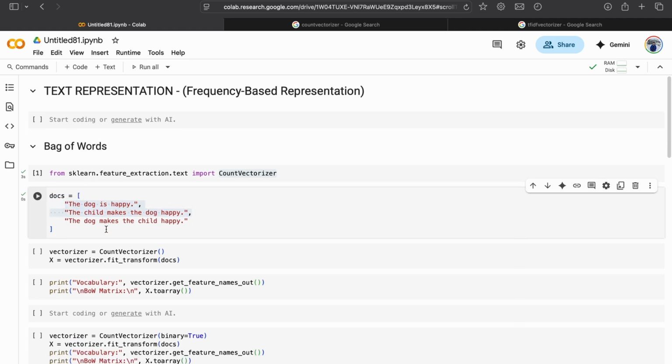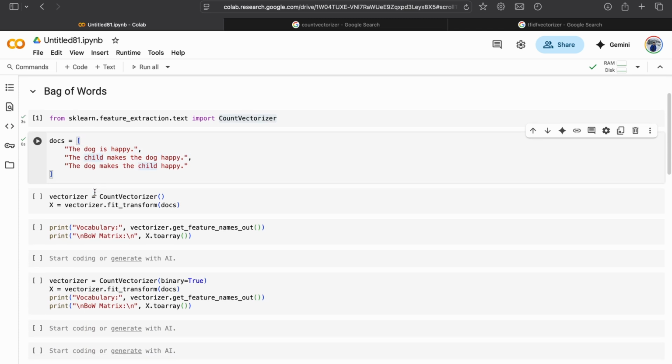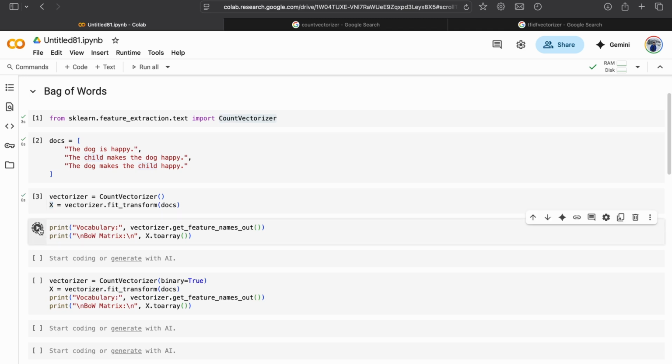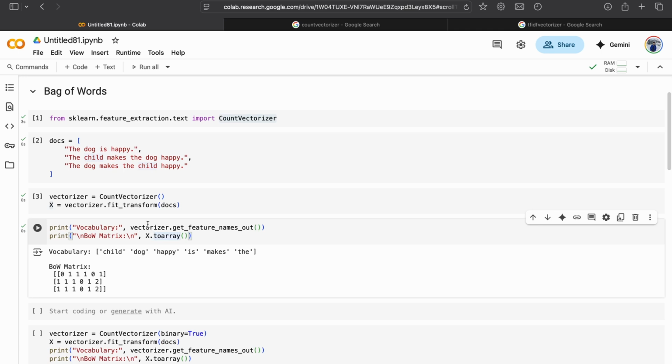Let's create the corpus here. And we need to initialize the CountVectorizer and call the fit_transform method from the CountVectorizer, and there we'll pass all the documents. We'll get the bag of words. So let's run this and then let's run this.